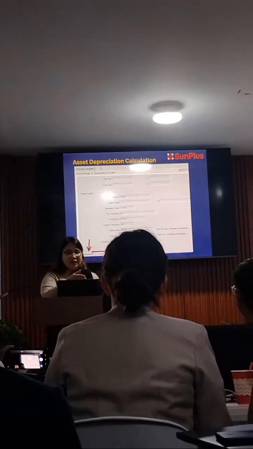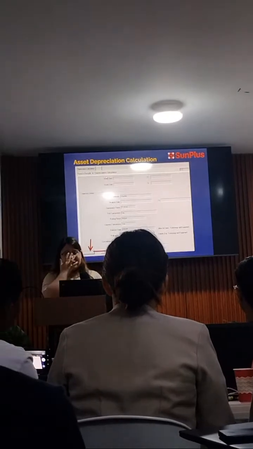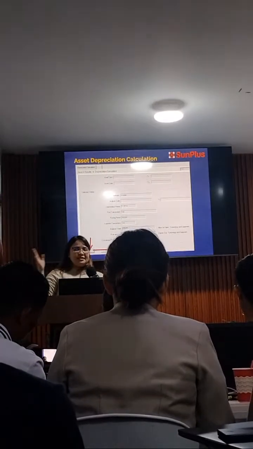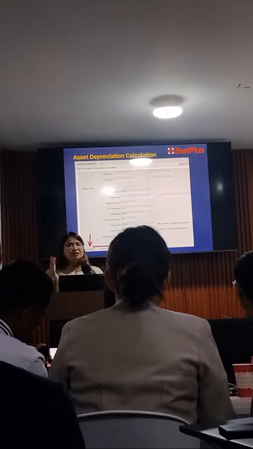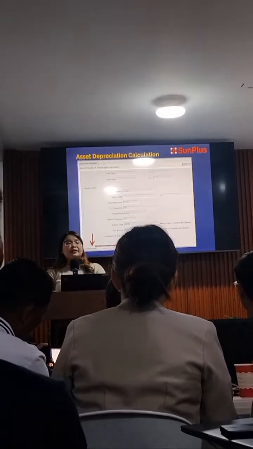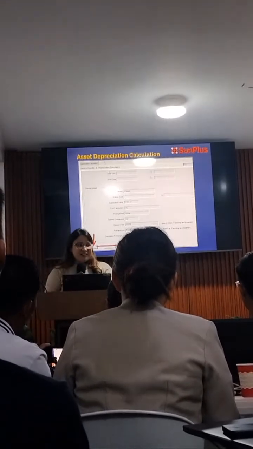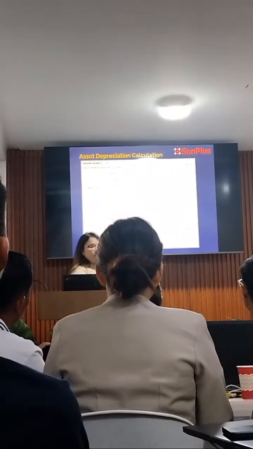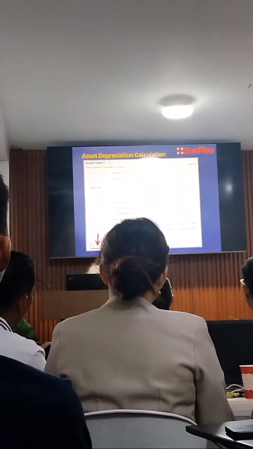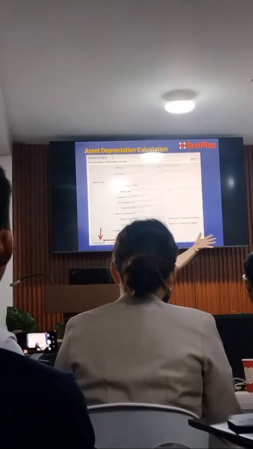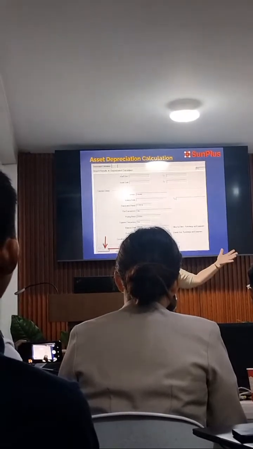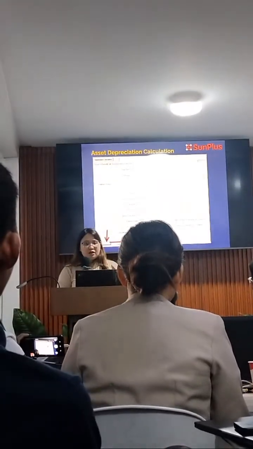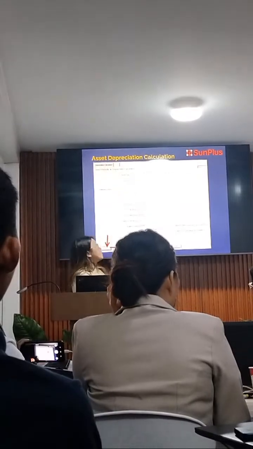We started this year February. They're already purchasing asset. Yet they have not started depreciating every year. Now it's already October. Meaning, if you put here October 10, 2024, the system will calculate depreciation kung kailan hindi pa nakapag-calculate until current year na gagawin na dito.